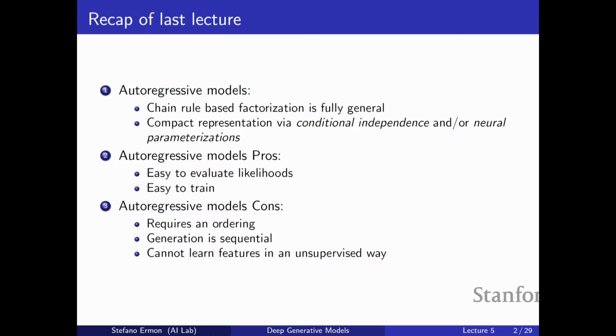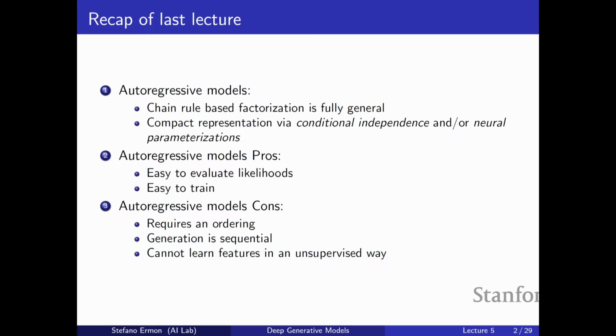The cons of autoregressive models are that, first of all, you have to pick an ordering. Sometimes it's straightforward to do, and sometimes it can be tricky to figure out what is the right ordering to use to construct the chain rule factorization. Generation is slow.